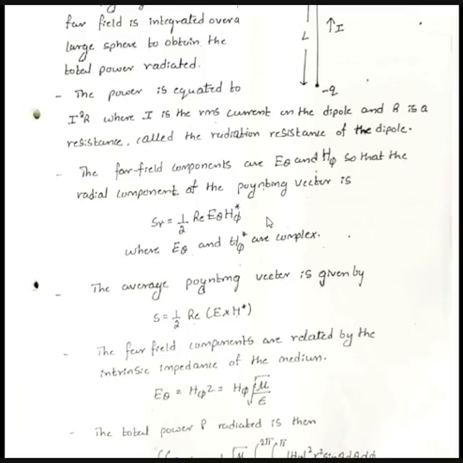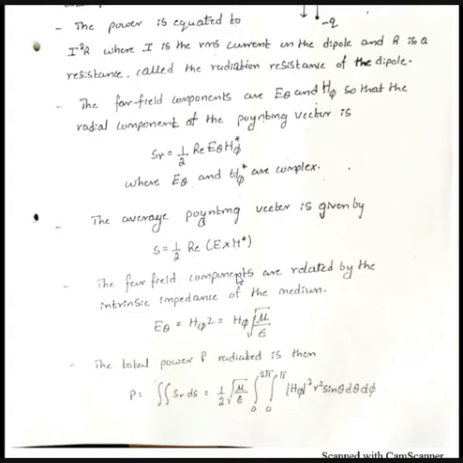Both E theta and H phi conjugate are complex. So if we find the average Poynting vector, it is given by S is equal to 1 divided by 2 Re, that is the real part, of E into H conjugate.